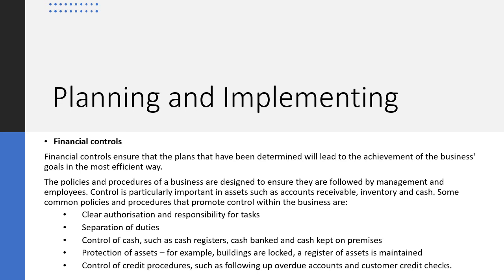So you need someone doing these jobs, and they're really important, because if you let people get away without paying their accounts receivable, they're going to keep doing it, but then that's going to be a cost to you. The register of assets is also important, so the business knows what assets they do have, and maybe which ones are a little bit outdated and they could potentially get rid of.